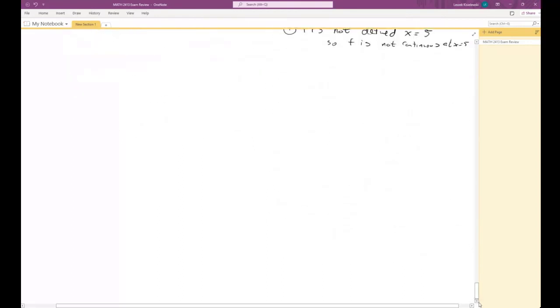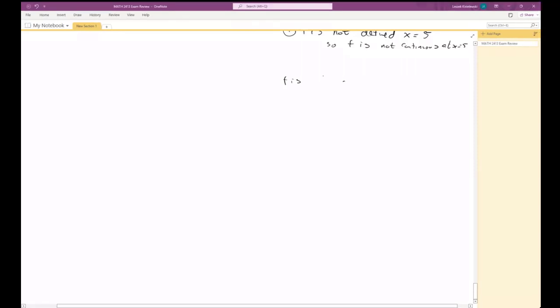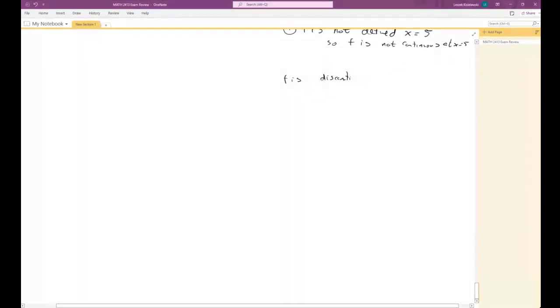All right. Well, and you can check at 6, right? X equals 6. The function would be discontinuous there. F is discontinuous at 6. Maybe I should write a complete sentence. I'll let you check that.